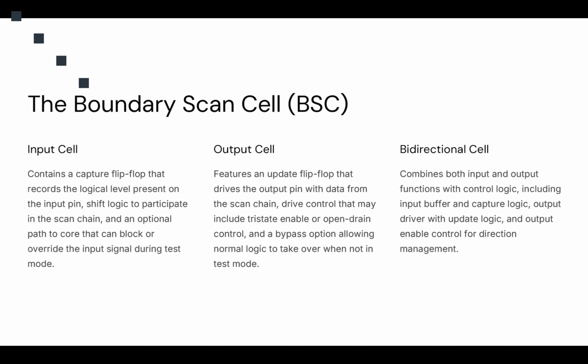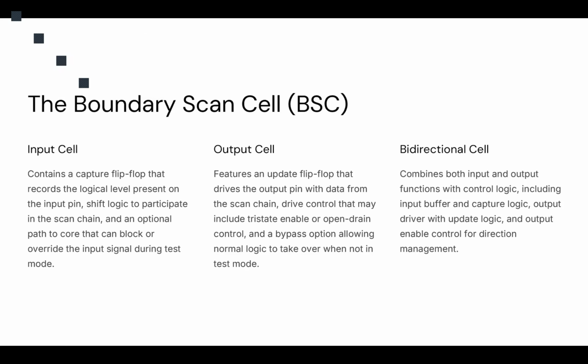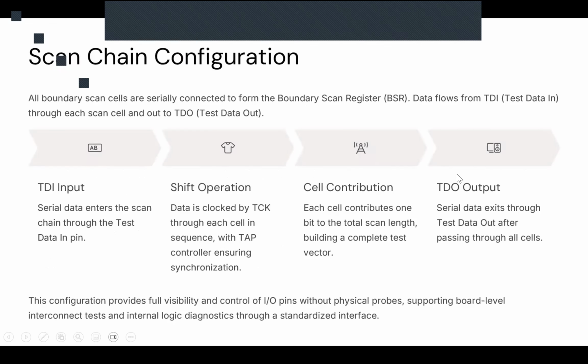And the bidirectional cells that we mentioned are the combination of input and output. We have some ports in our chips that are used both for input and output, so they are bidirectional. Every cell that sits between the core logic and those bidirectional pins is called a bidirectional cell.